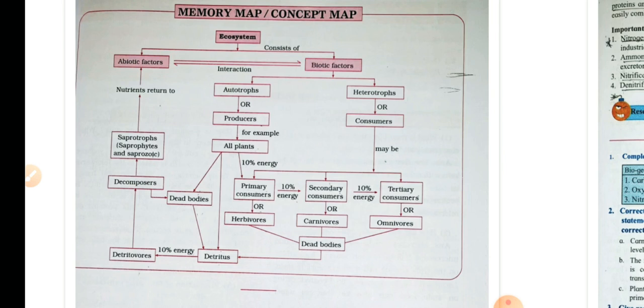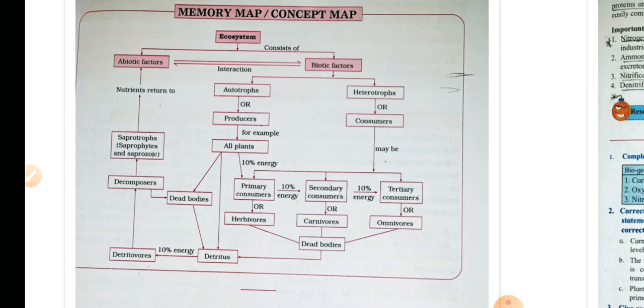And then later on, these saprotrophs or saprophytes release the nutrients into the atmosphere, that is abiotic factors, and again there is constant interaction among them. Now here in biotic factors, autotrophs are also called producers. For example, all plants when they die are again converted by the detritivores and decomposed.